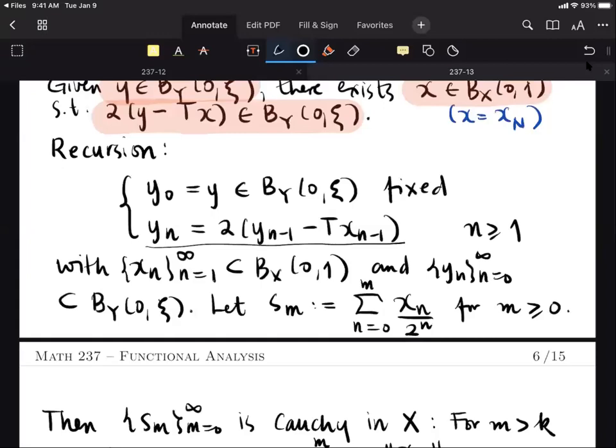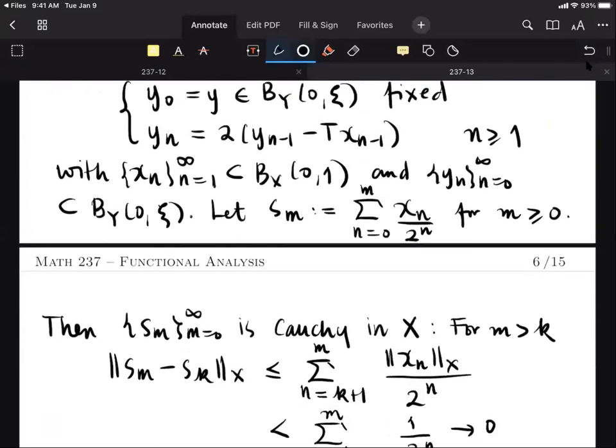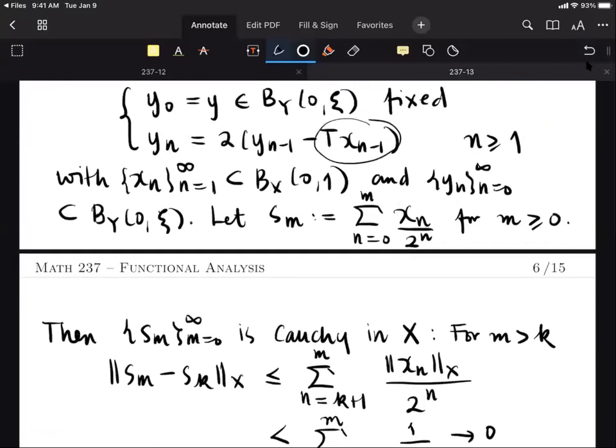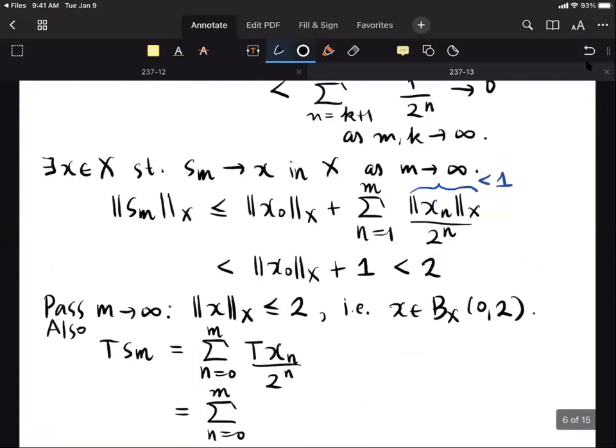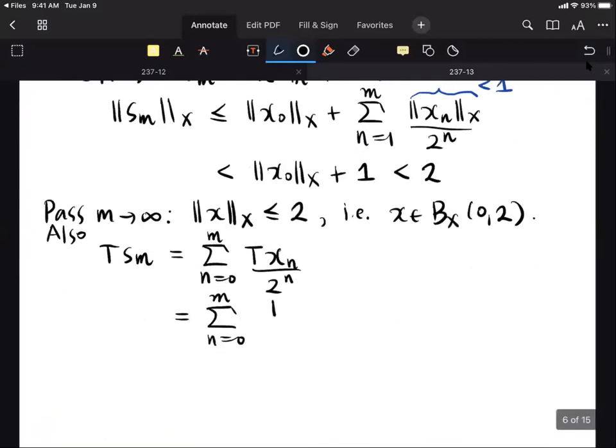Here you divide by 2 and then change the index n to n plus 1. You can see that this, with n replaced by n plus 1, is the same as (yn minus yn plus 1) divided by 2.